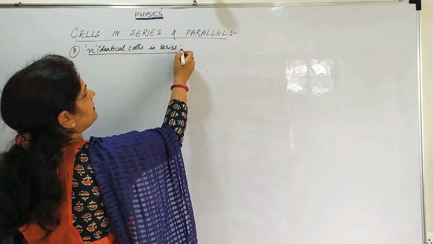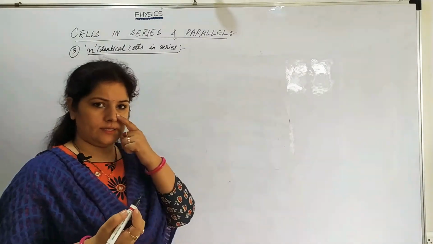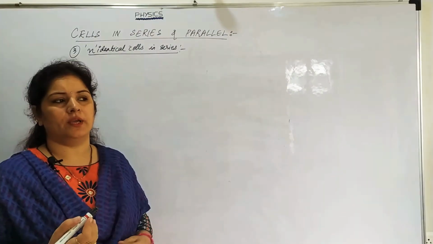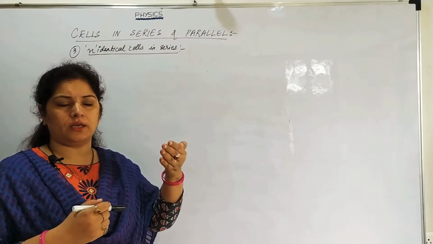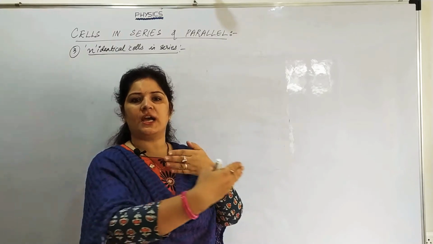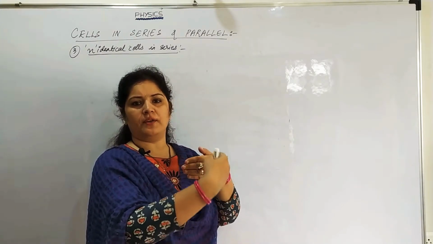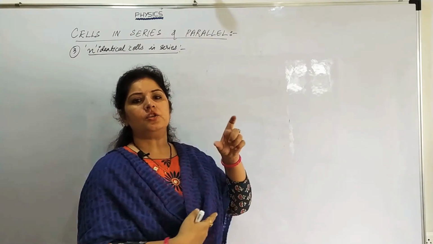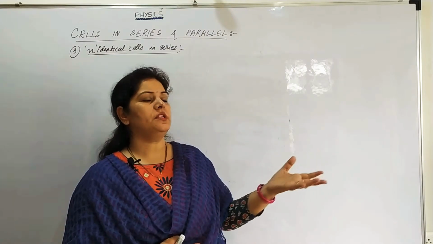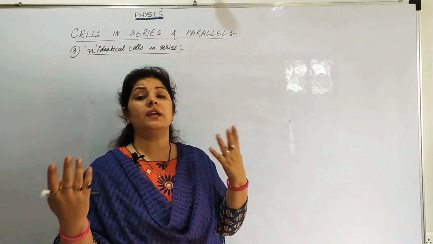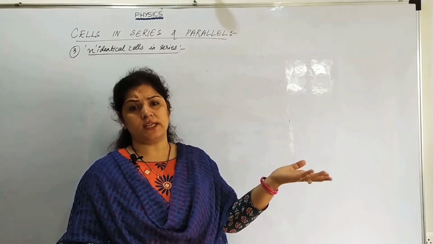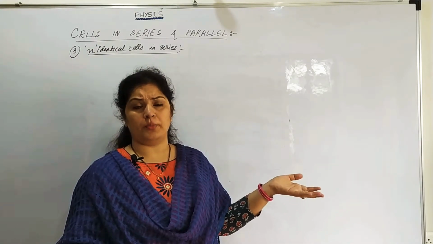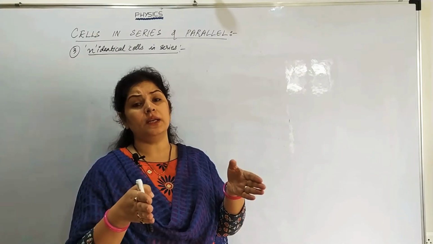Identical means their EMF will be the same and their internal resistance will also be the same. Suppose in a torch, you put 4 cells of 1.5 volts: 1.5 plus minus, plus minus, plus minus. Any torch or any instrument, which may be an electronic toy, works on 4 cells, generally a combination of 4 cells or 6 cells. So you connect them in series.